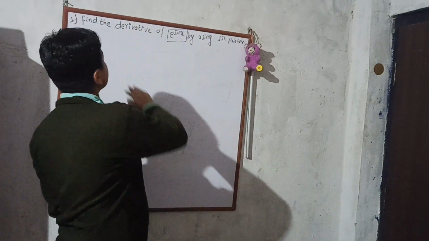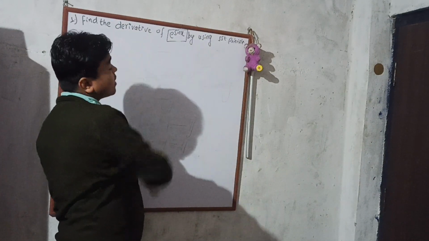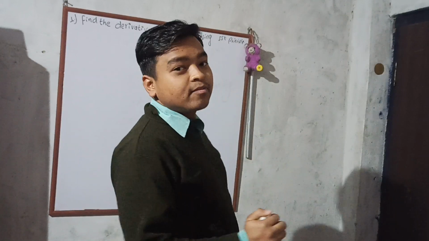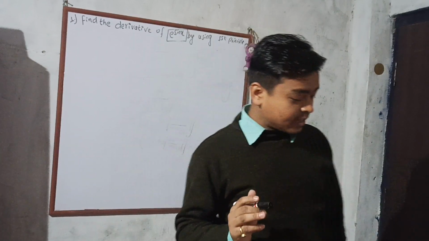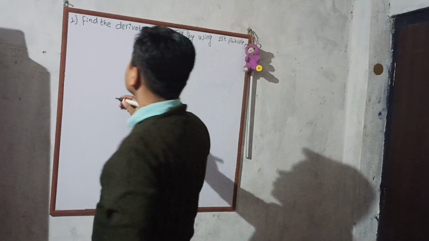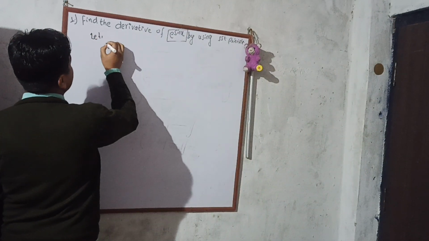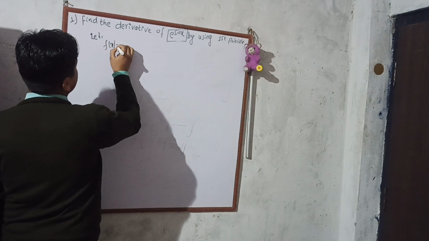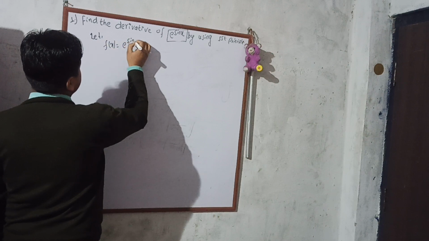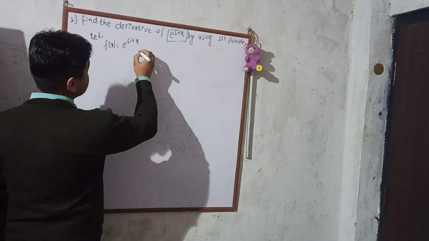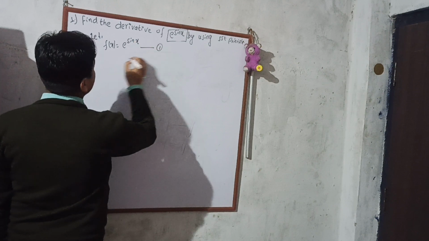Today we have to find the derivative of e to the power sin x by using the first principle, simply the definition. So first of all, let f(x) is equal to e to the power sin x, equation 1.